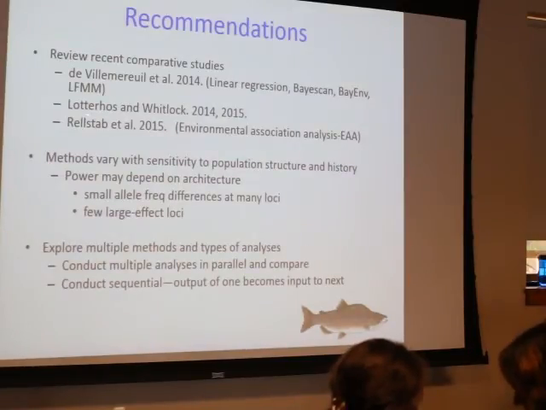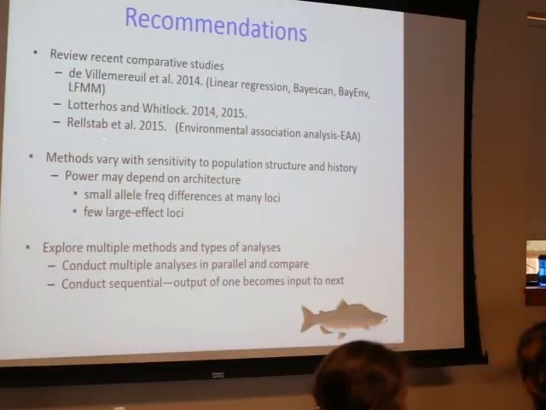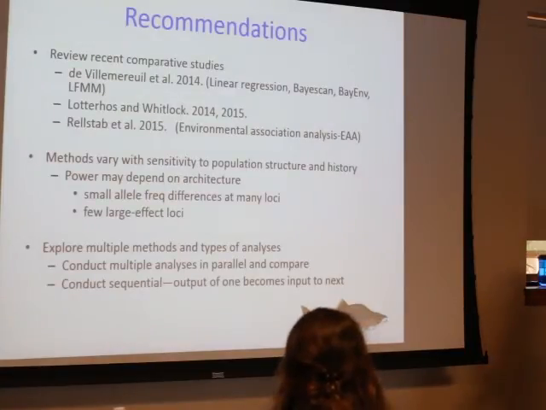This is another interesting one, and I just got it, I think it went early online on Friday, in Molecular Ecology. This one looks at a whole host of methods with environmental association. So if you haven't seen that one, take a look at it. It's really online in Molecular Ecology.